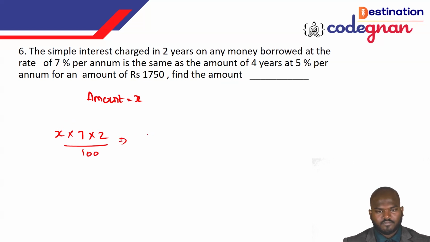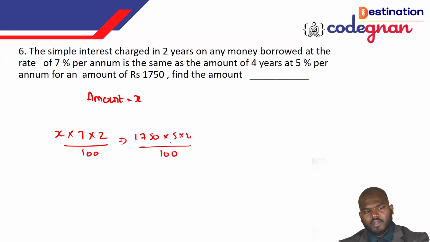is equal to, they are giving that this is the same as the amount of the 4 years at 5%. Here they've given 1750 times 5 times 4 by 100. If you simplify, the zeros get cancelled, 100 gets cancelled, and 2 times 2 is equal to 4.